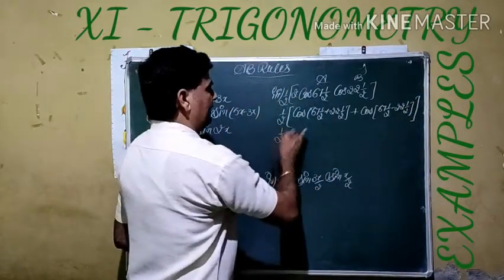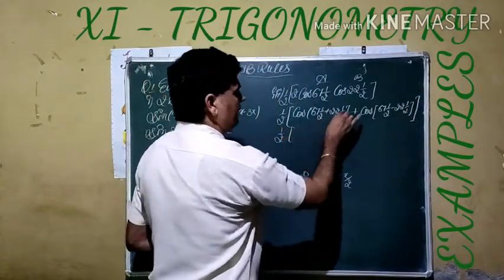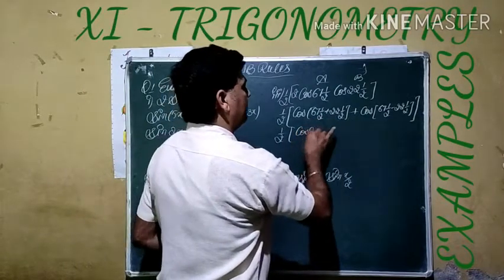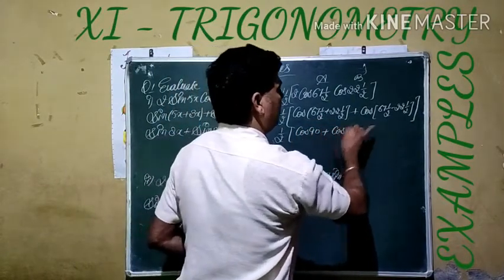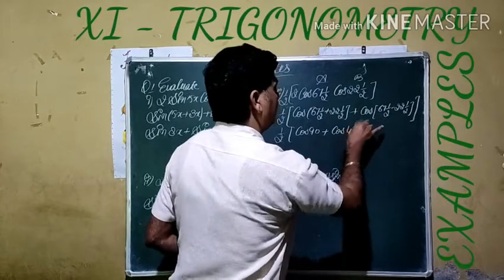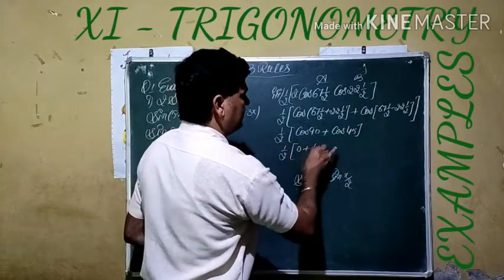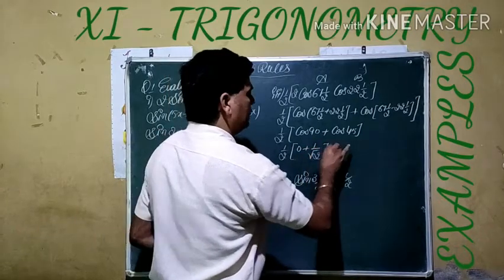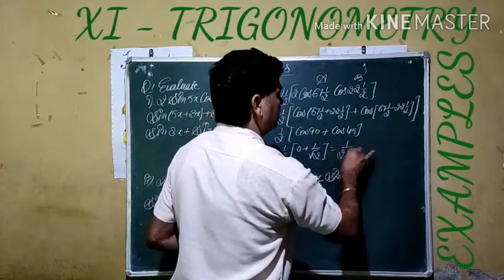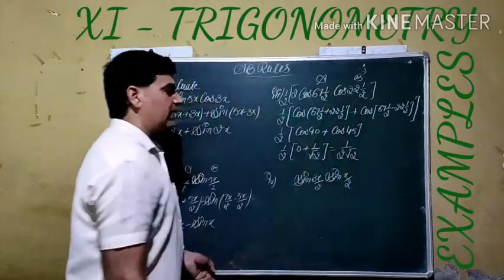If we simplify, 67.5 and 22.5 become 90, plus cos of, after subtraction, 45. Value from the table: cos 90 is 0, cos 45 is 1 by square root 2. So our answer for this question is 1 by 2 square root 2.